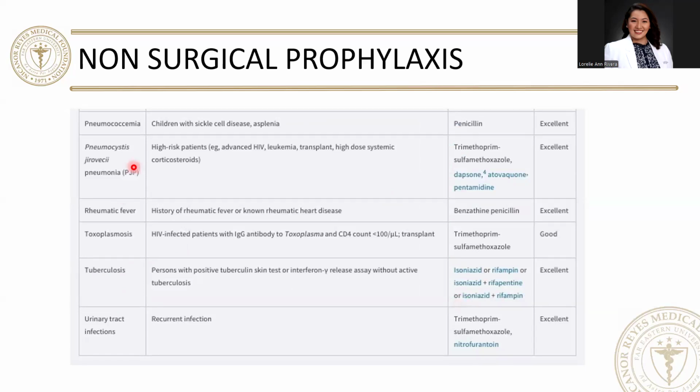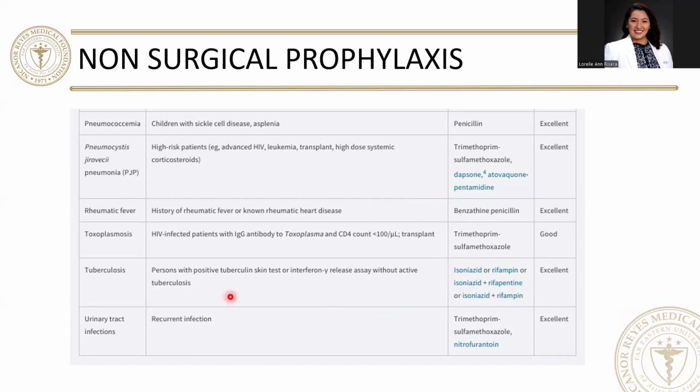For Pneumocystis jirovecii infection, you can have trimethoprim-sulfamethoxazole or dapsone, and for rheumatic fever, you have penicillin. For TB, especially in persons exposed to tuberculosis and positive for tuberculin skin test, they can take isoniazid or rifampin.